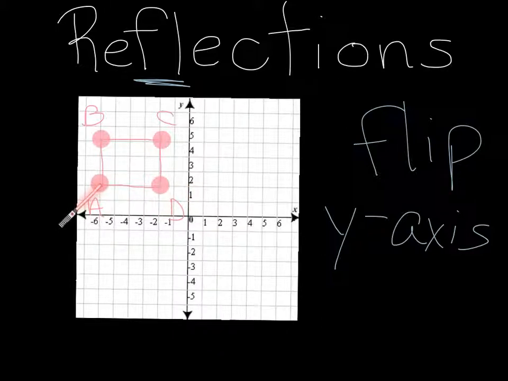So I'm going from A, 1, 2, 3, 4, 5, 6. So it's going to take me 6 more places out here. 1, 2, 3, 4, 5, 6, and that is where A prime is going to go.